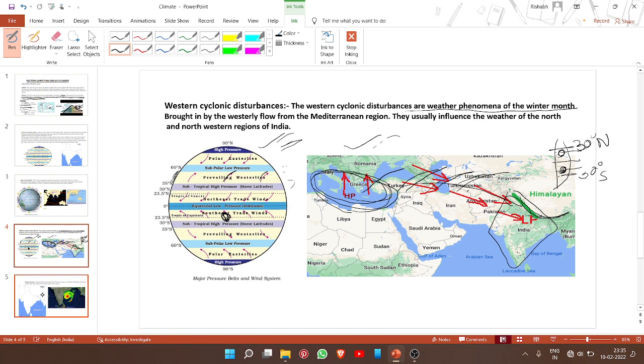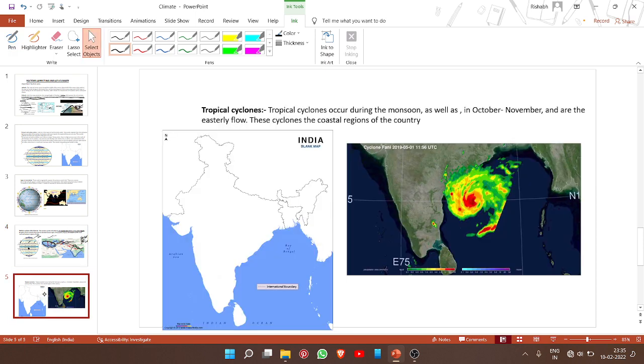Let us see the last point. Last point is tropical cyclone. The monsoon of India is a cyclone. Okay?